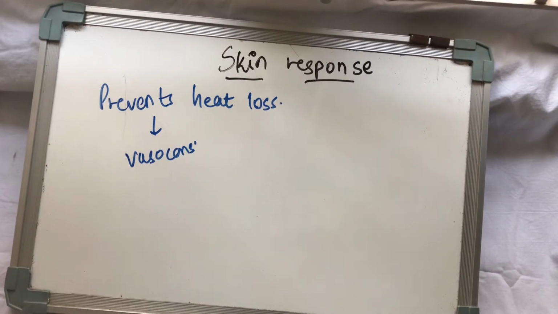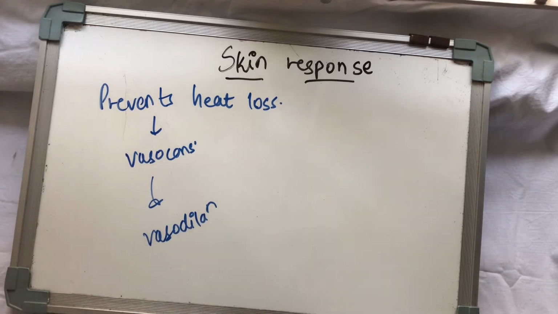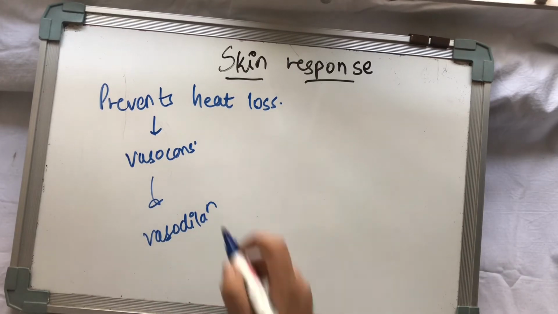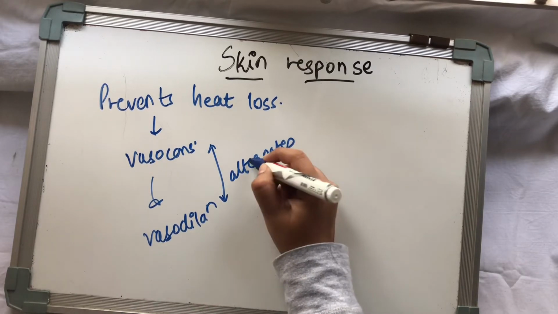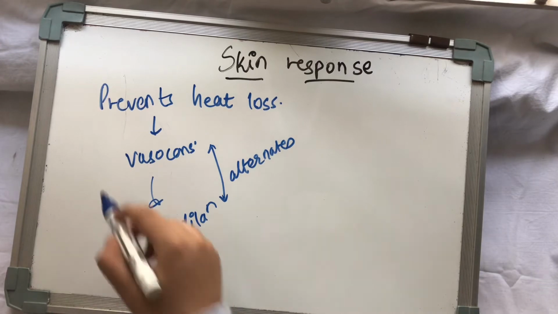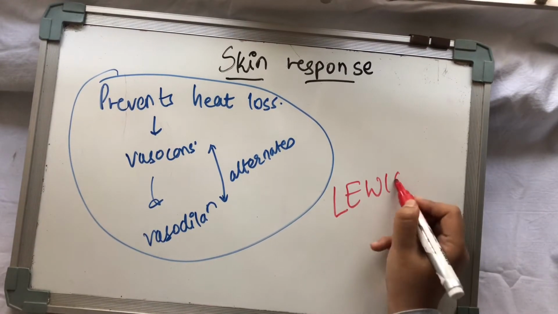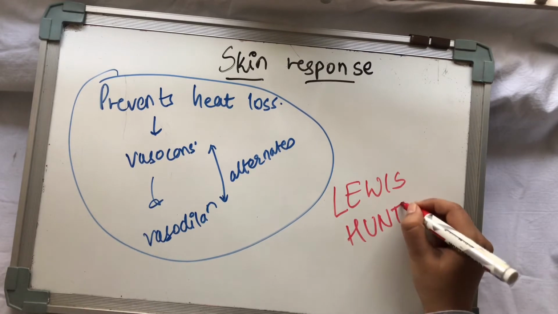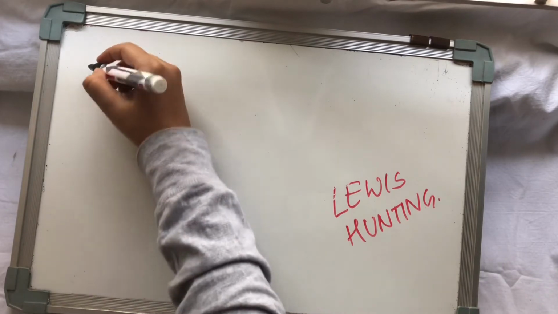After some time, which is not defined and depends on the area involved, vasodilation occurs, and then vasodilation and constriction occur alternately for a short duration. This alternating cycle of vasoconstriction and dilation is known as the Lewis hunting reaction.